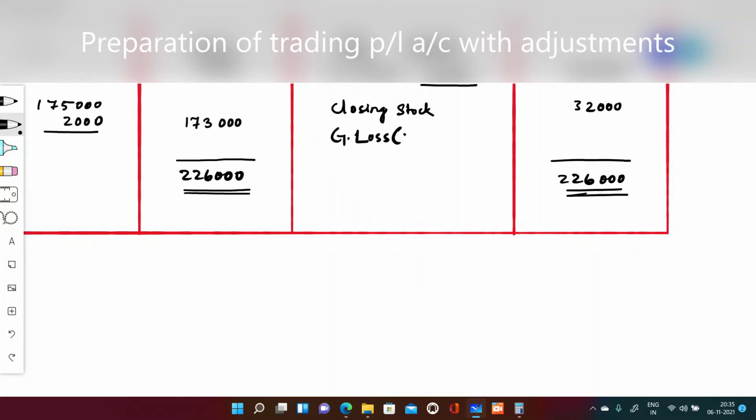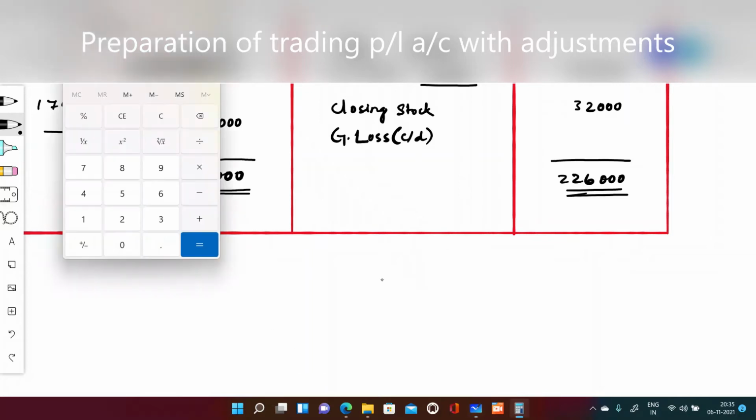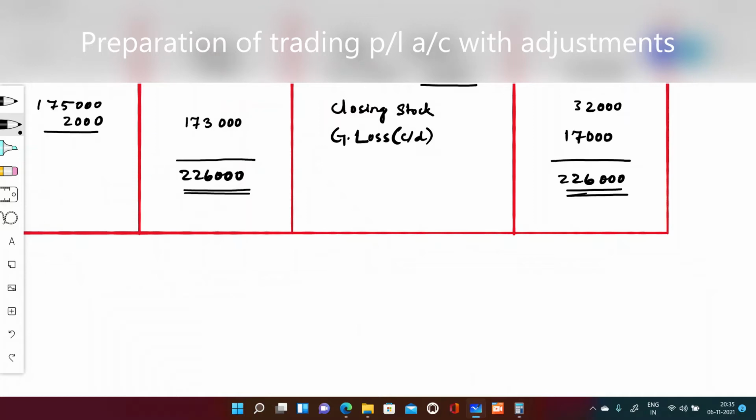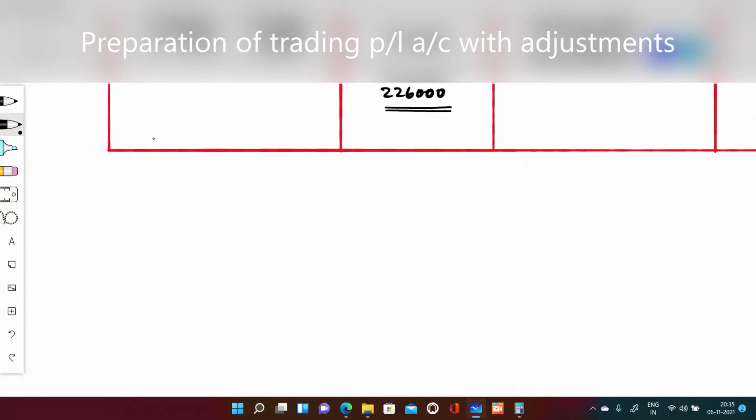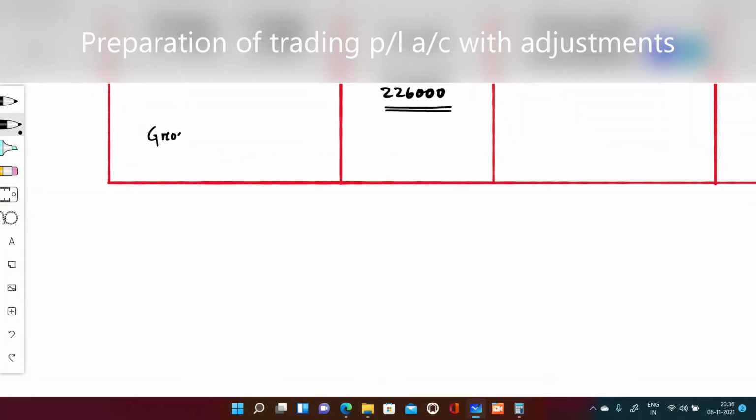This is the balancing figure: 2,26,000 minus 1,77,000 minus 32,000. So I am getting 17,000 as your gross loss. Now this gross loss will be carried forward down to your PL account. So here I will write gross loss of 17,000.